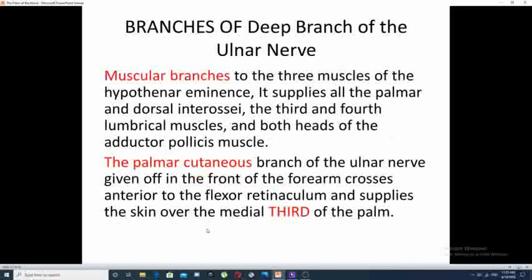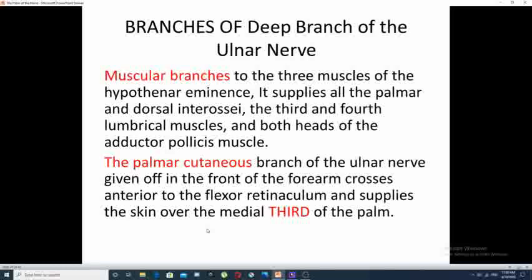To summarize, the ulnar nerve in the hand has two important innervations. First, cutaneous innervation to the skin of the palm of the hand. It is responsible for supplying the medial third of the skin of the palm of the hand, and the skin over the medial 1.5 fingers.